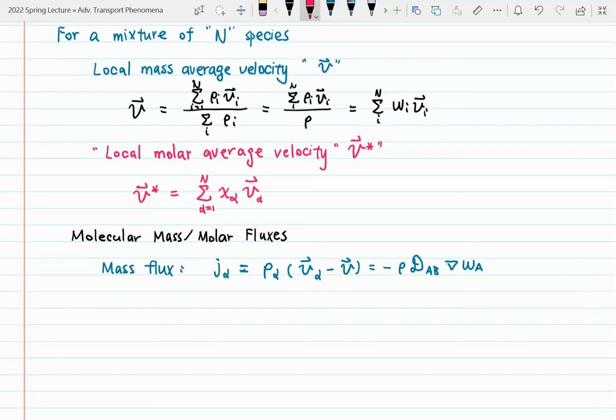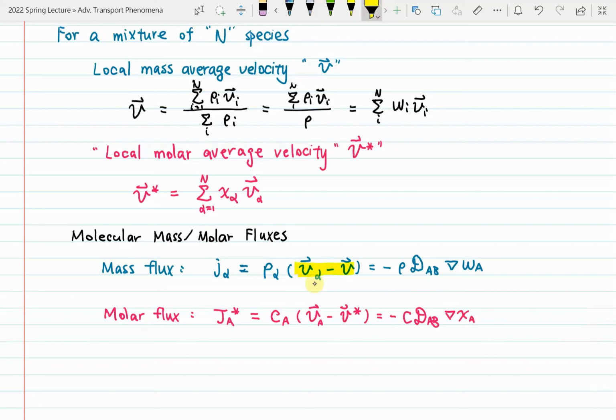If you write this in molar units, similarly, the molar flux, we usually use the uppercase J with a star, equals the concentration of that component times its velocity with respect to the local average molar velocity, which equals negative overall concentration times the diffusion coefficient times the gradient of the mole fraction of A. So you can see we have a difference between the instantaneous velocity of a component and the local average mass or molar velocity.